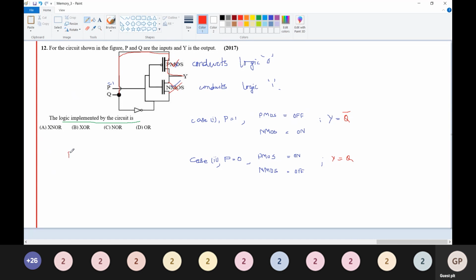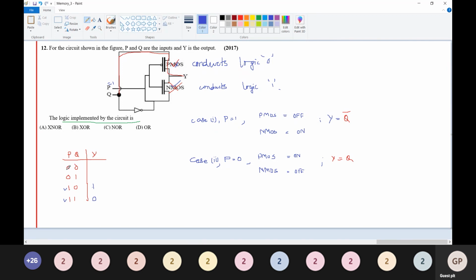Now we look at the truth table with two inputs P and Q and output Y: 0 0, 0 1, 1 0, and 1 1. When P is equal to 1, Y is equal to Q dash. 0 becomes 1, 1 becomes 0.